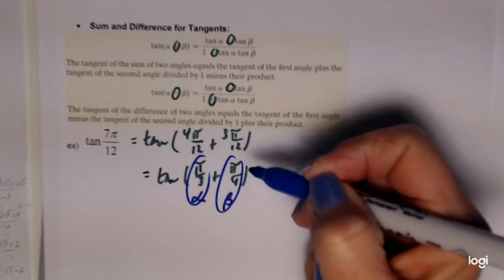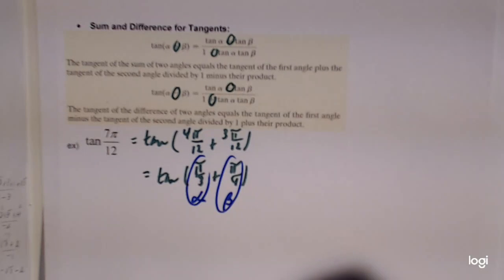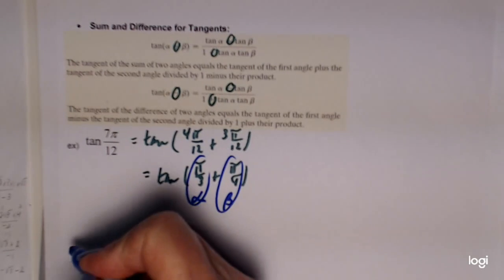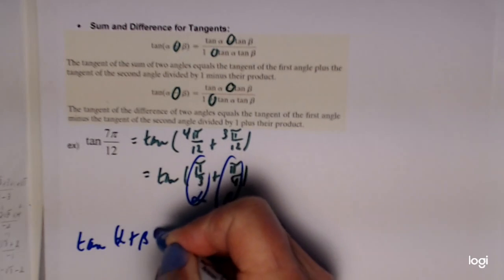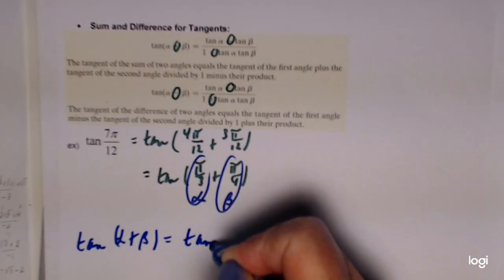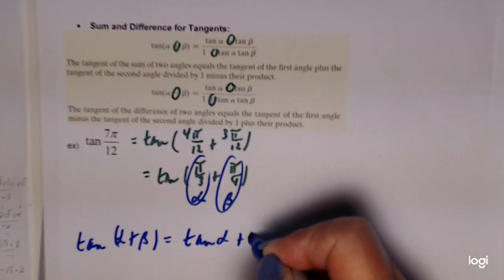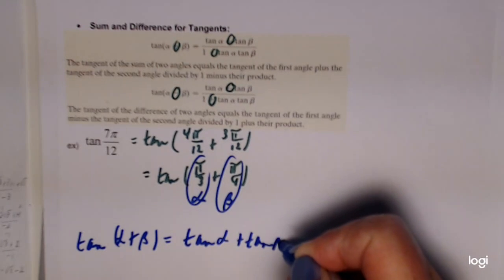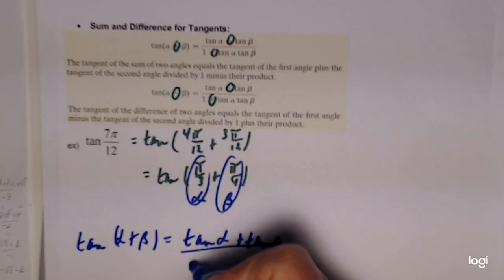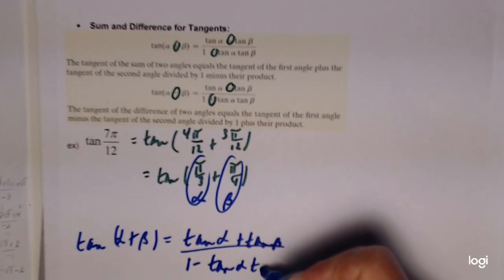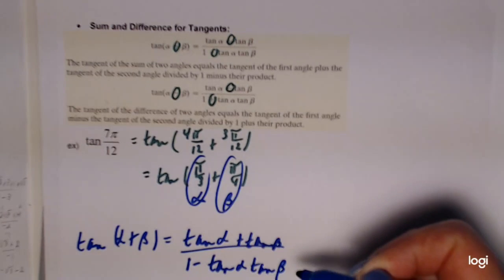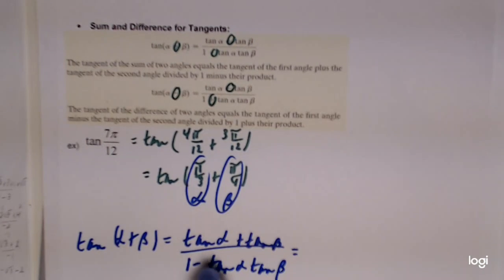And now the formula says that the tangent of alpha plus beta is equal to the tangent of alpha plus the tangent of beta, all over 1 minus the tangent of alpha times the tangent of our beta. We're going to need to know the tangent of both of these angles.